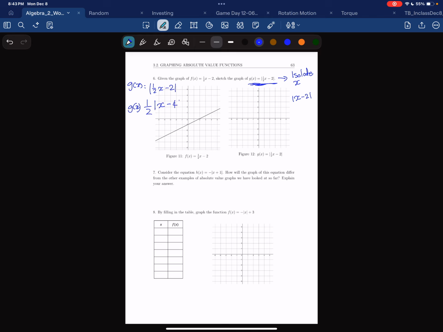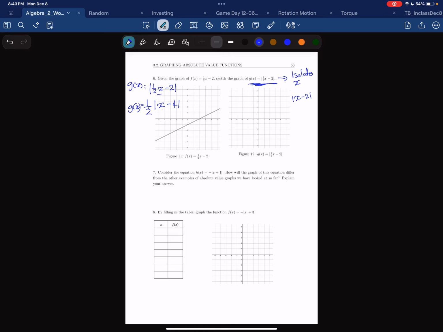That's 4. So you see, this is the same function. I haven't changed the function at all. I've just factored the 1/2 out to isolate my x. But if I put it back in, you see 1/2 times x is 1/2 x, and 1/2 times 4 will be 2. All right. But this is an easier way for me to think about it.